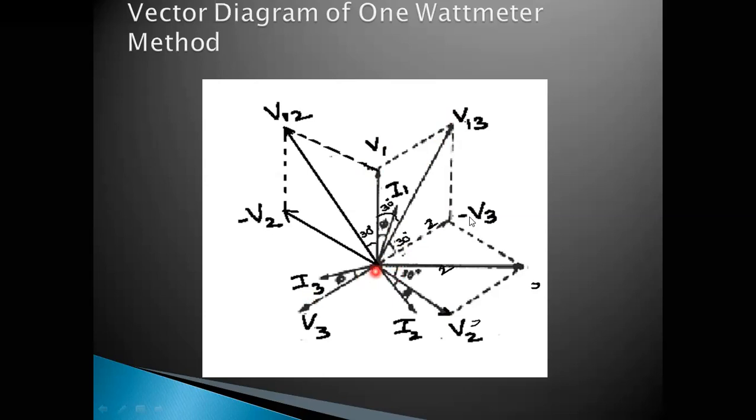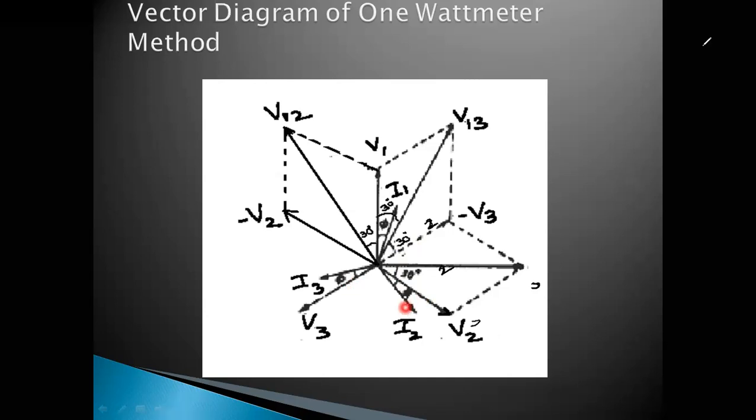Now if I reverse this, the angle between V3 and minus V3, this whole angle, should be 180. What is the angle between minus V3 and V2? 180 minus 120.